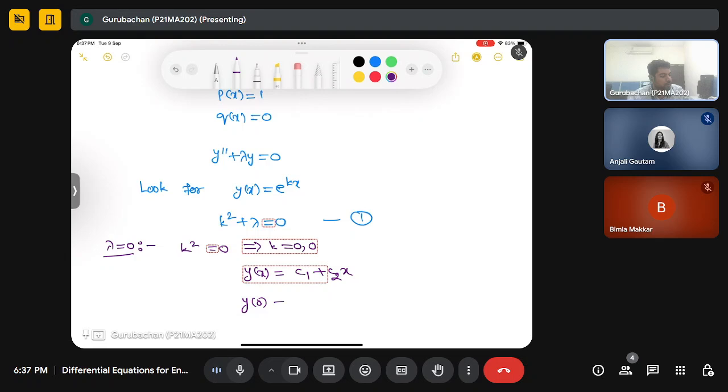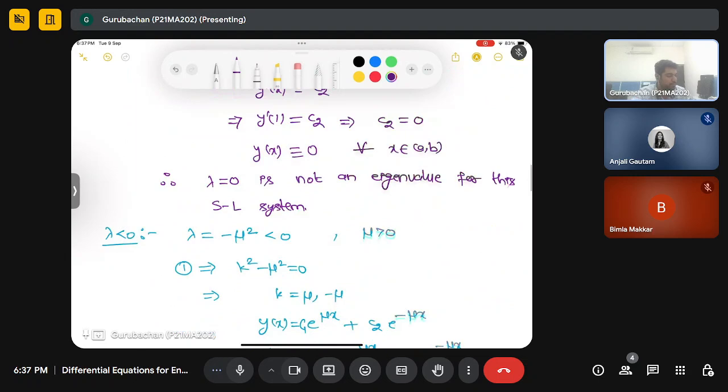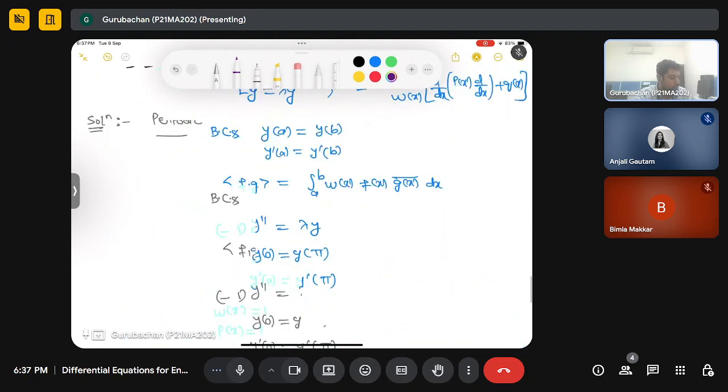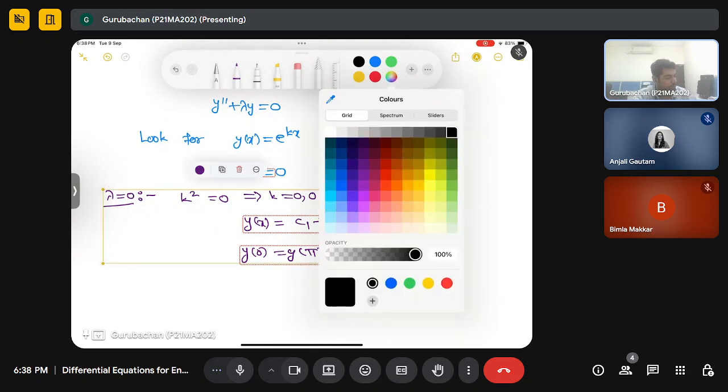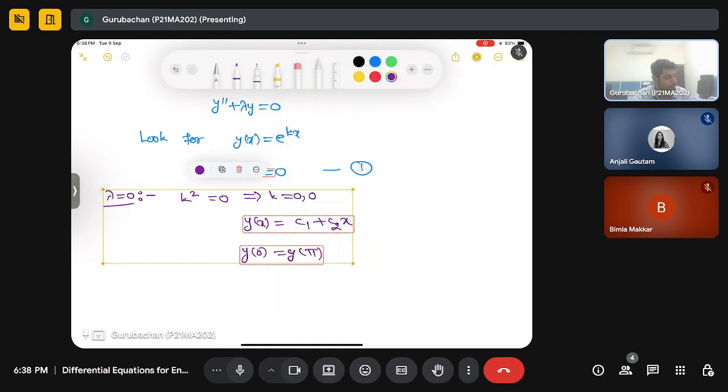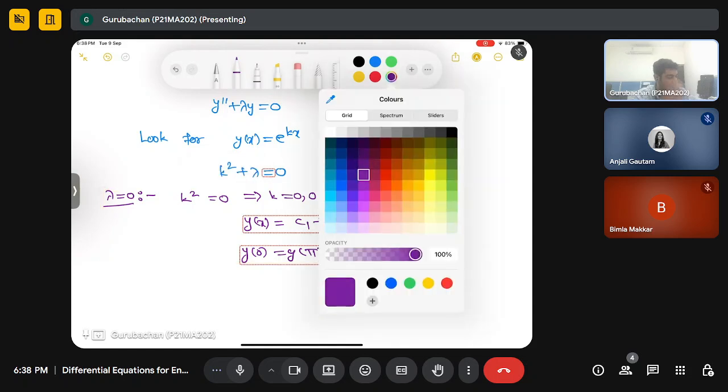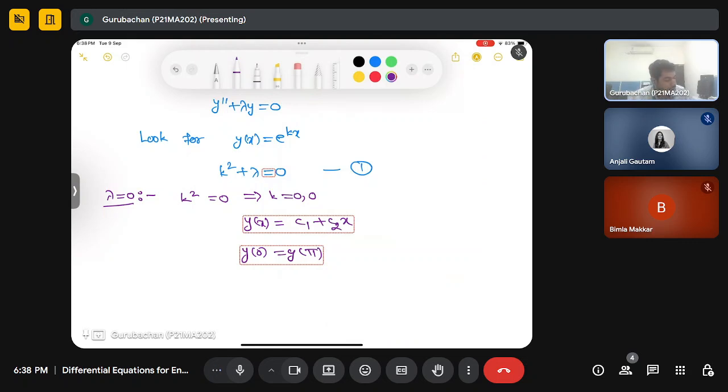Since we have been given y(0) equal to y(pi), this will give you c1 equal to c1 plus c2 pi. So from here you will get c2 to be 0 and c1 is arbitrary.